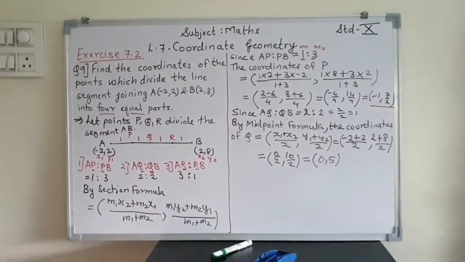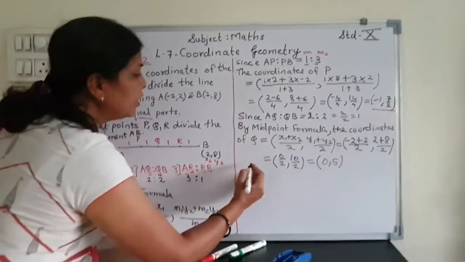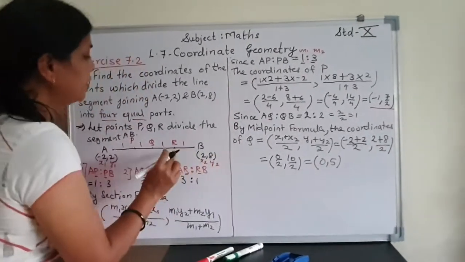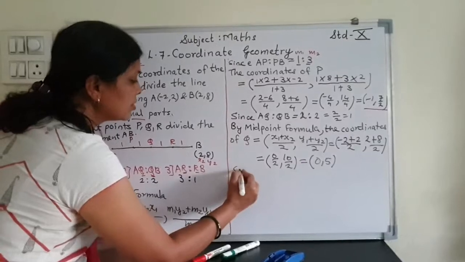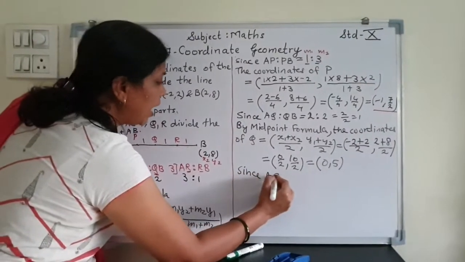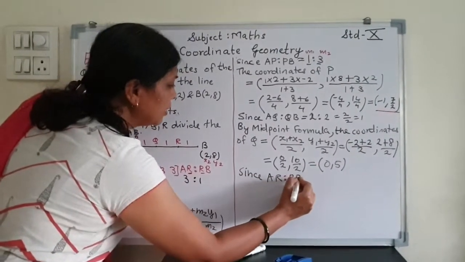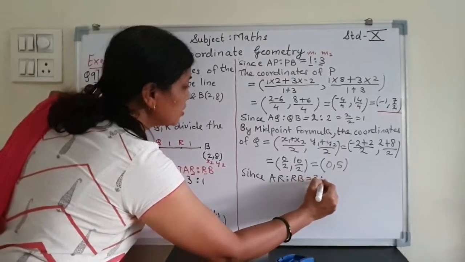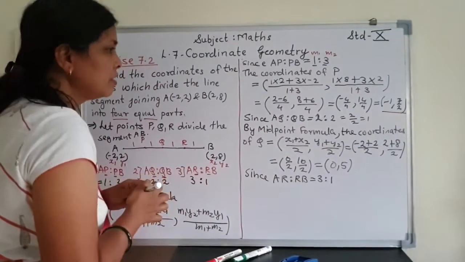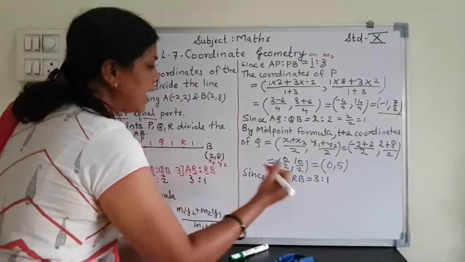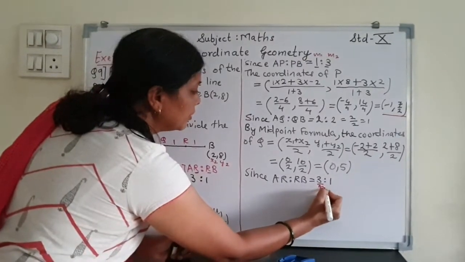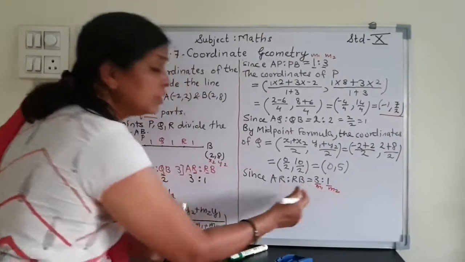Now let's find the coordinates of point R. Since AR is to RB is equal to 3 is to 1, from this we get this as M1 and this as M2, right?